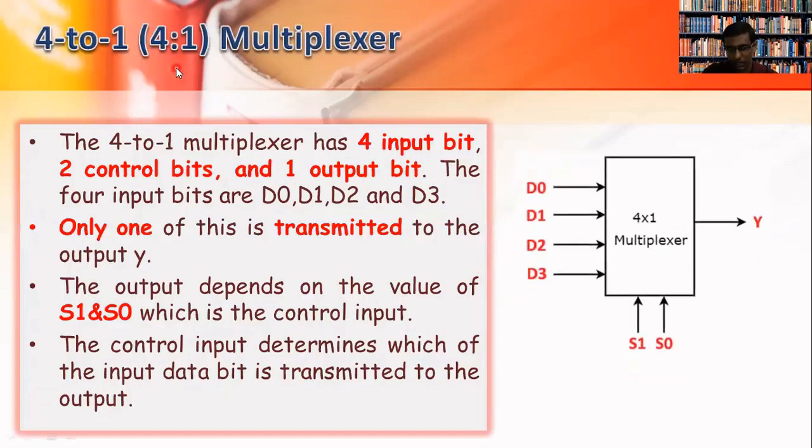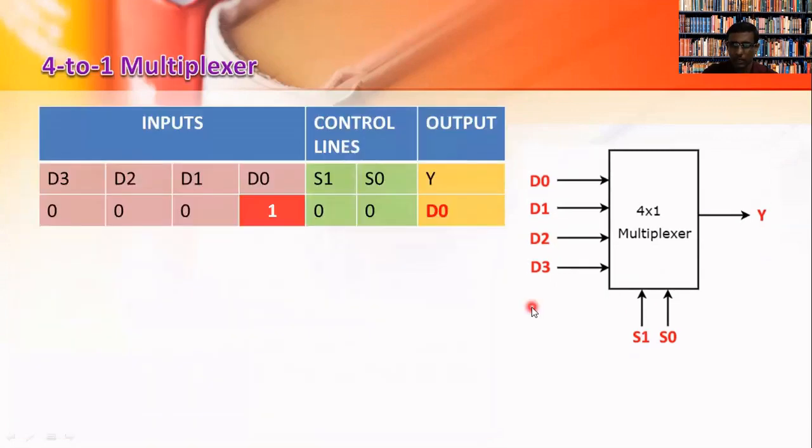4-to-1 multiplexer. 4-to-1 multiplexer means a multiplexer has 4 inputs and 1 output. The 4 inputs are D0, D1, D2, D3, and output is Y. The output depends on the values of S0 and S1.